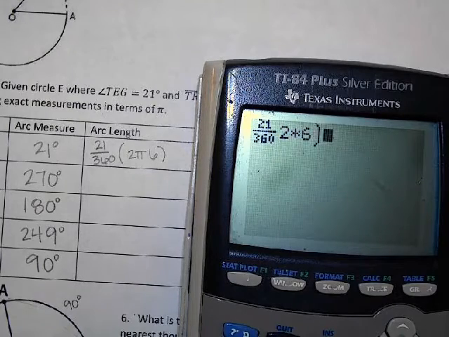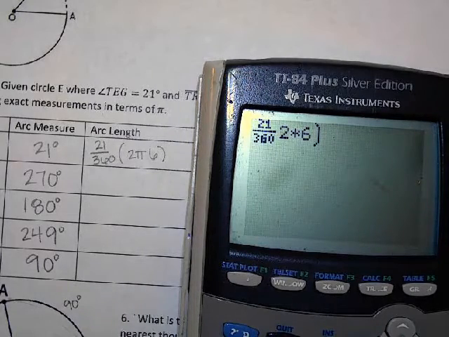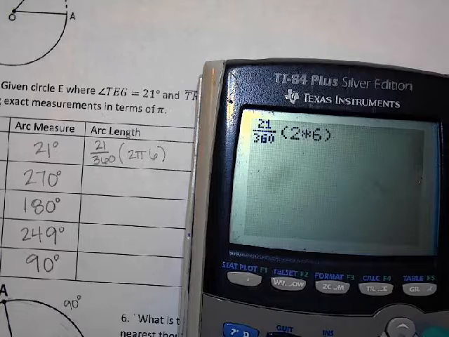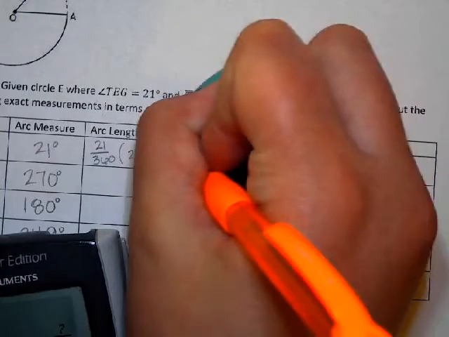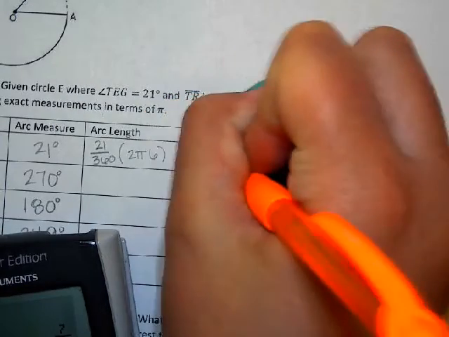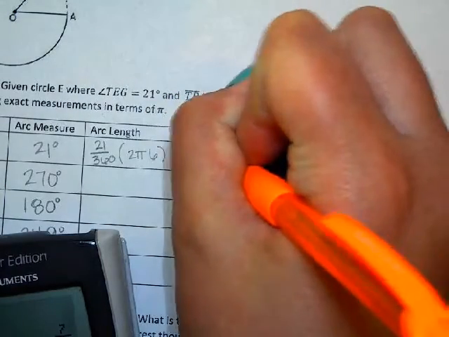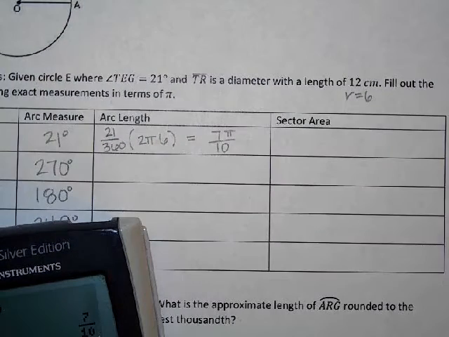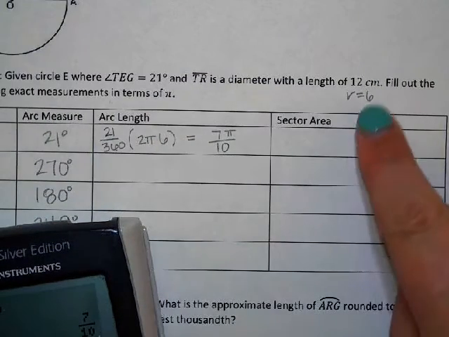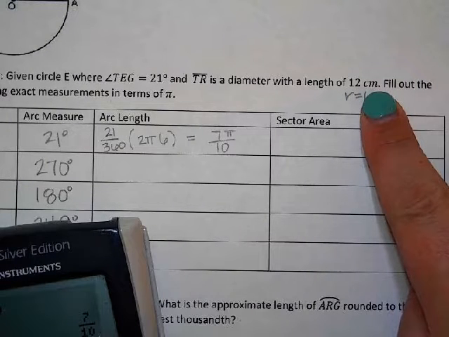So that's what I'm typing. 7/10. And then because I did not type the pi in the calculator, I write the pi in my answer. 7 pi tenths. Now, the length was in terms of centimeters, and this is an arc length. It's not an area, it's a length.